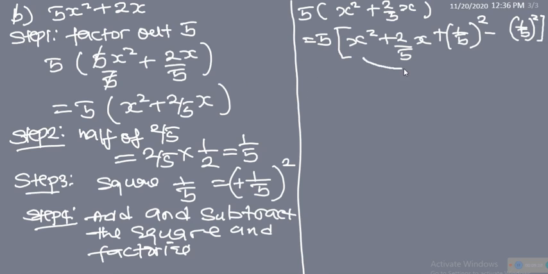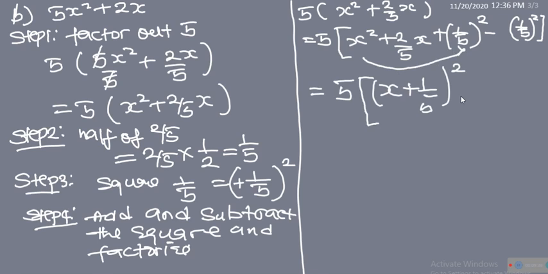So of course, again, this is a perfect square now. So we are going to have 5 square bracket x plus 1 over 5 squared, all squared, and outside we have a 1 over 5 all squared, and that is what we have.